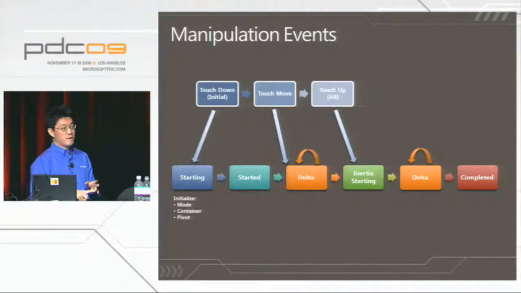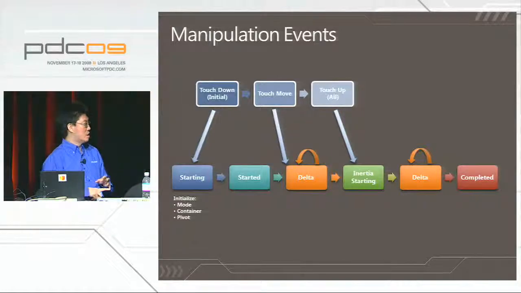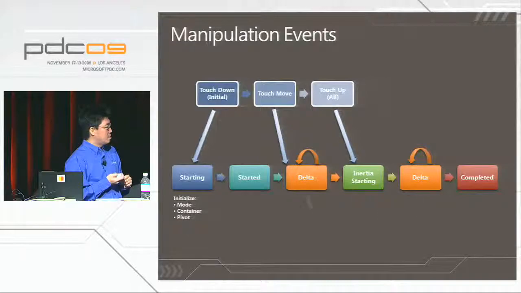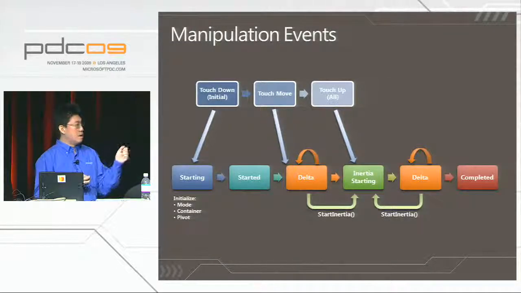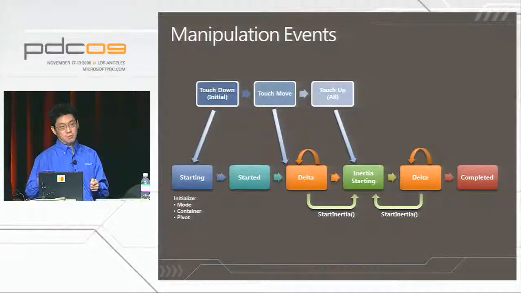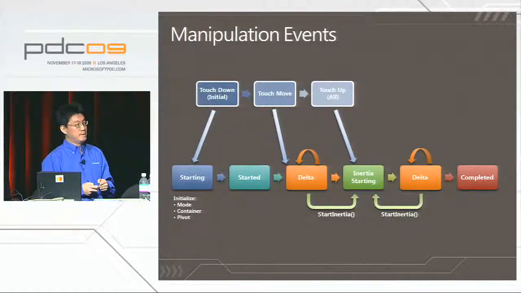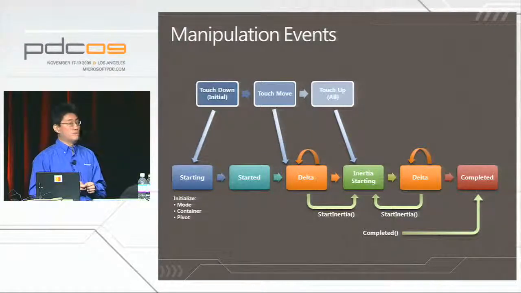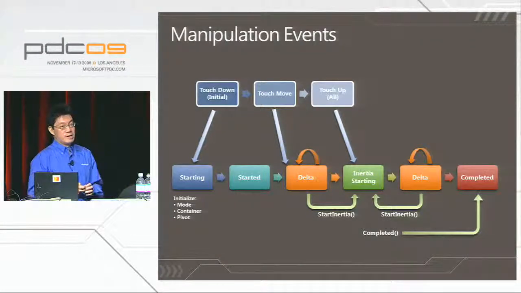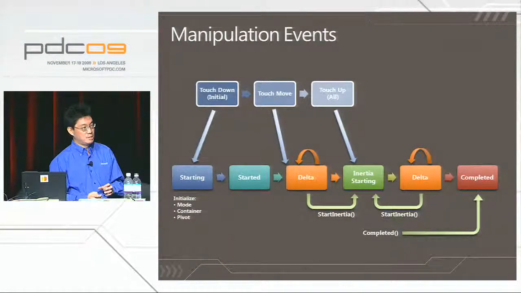And if you have inertia, you get another series of delta events. And when all the movement has stopped, you get the completed event. During the delta events, you get the opportunity of starting inertia, such as what we saw during the bouncing off the boundary. You also have the opportunity of completing and canceling the manipulation at any time in this state machine.